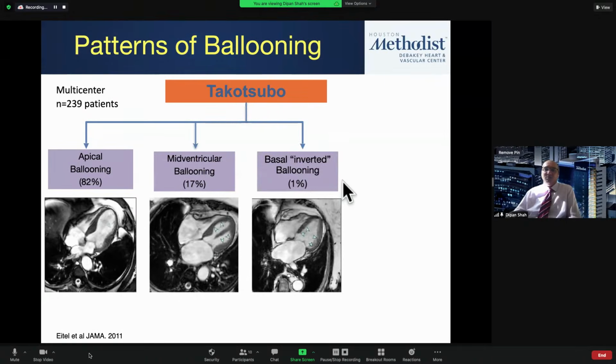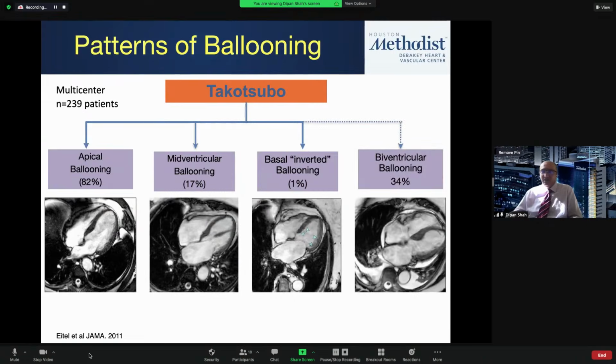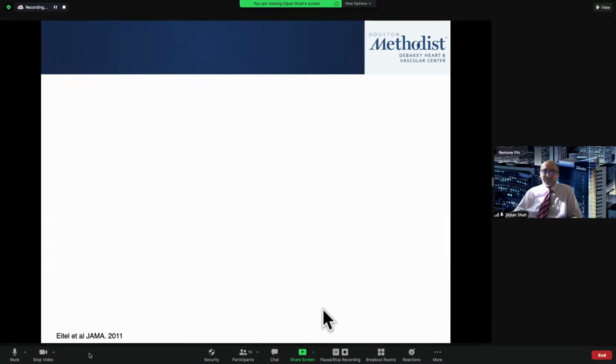And then there can be a small percentage of patients who actually have a basal or inverted ballooning syndrome, where in fact there is normal wall motion of the apical and mid segments, but it's the basal segments that manifest contractile abnormality. And then also in this series, they found that nearly 1 in 4 patients exhibited RV involvement as well, and they coined the phrase biventricular ballooning.